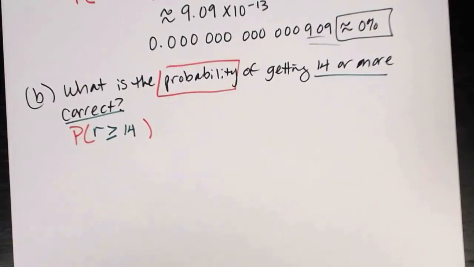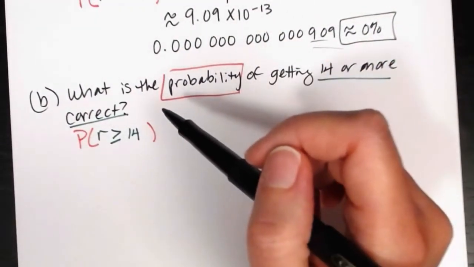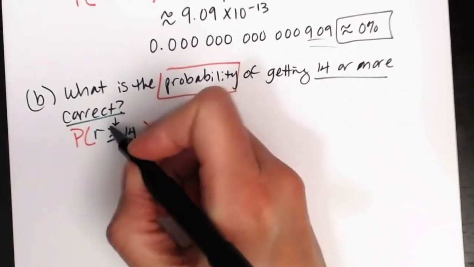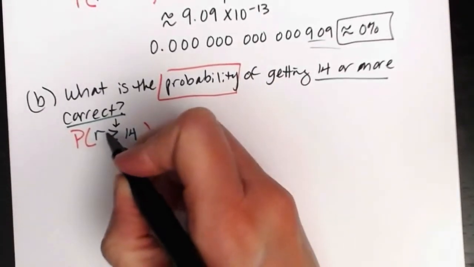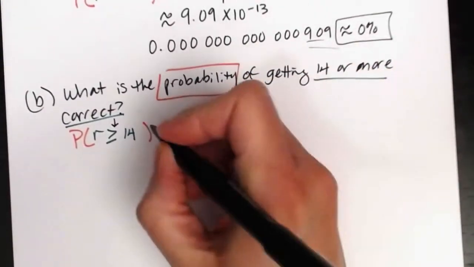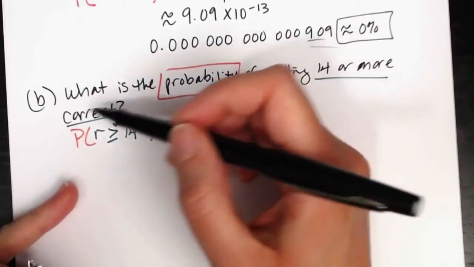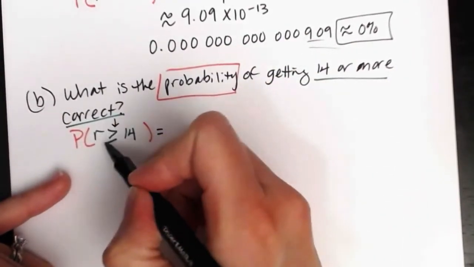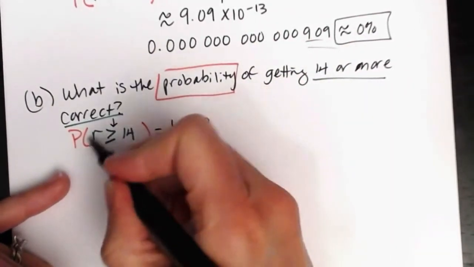The problem is, if we want to do this in the calculator, we're going to need to use binom CDF. And binom CDF is a really fussy program. It has to have a less than or equal to sign here. It will not tolerate a greater than or equal to sign. So the first thing I'm going to do is, using the complement rule from our probability chapter, I am going to say that the probability that r is greater than or equal to 14 is 1 minus the probability that that does not occur.